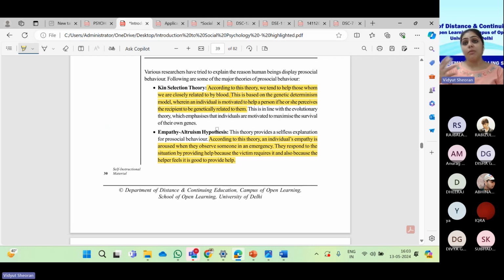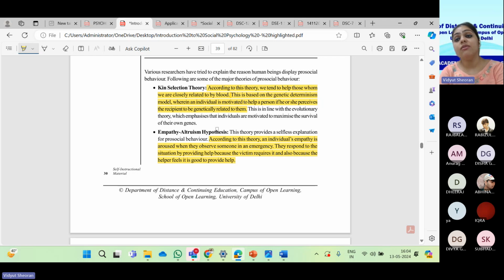Suppose our parents are not well, we will not leave them ignored in isolation. We will certainly help them in an emergency, be it a small level of help or a bigger level of help, but we will not ignore them. Why? Because our parents are important for us. That relationship matters to us.